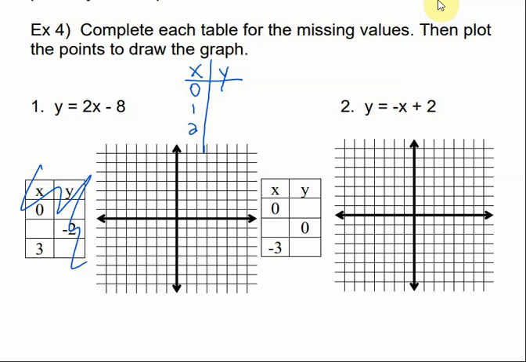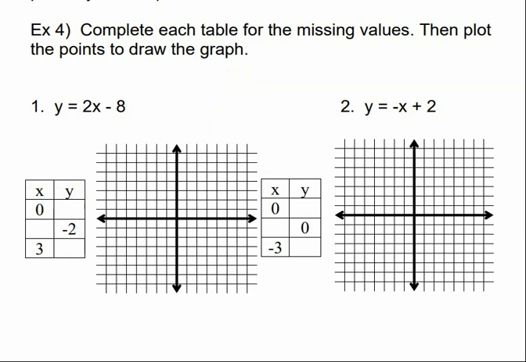If you plugged in 10, 11, 12, well, on the x-axis, if this goes to 10, if you picked 10 for your x, it's not even going to be on your graph. So you want to pick stuff that's close to the center. So if I were going to make my own t-table, I would pick 0, 1, 2, or -1, 0, 1.